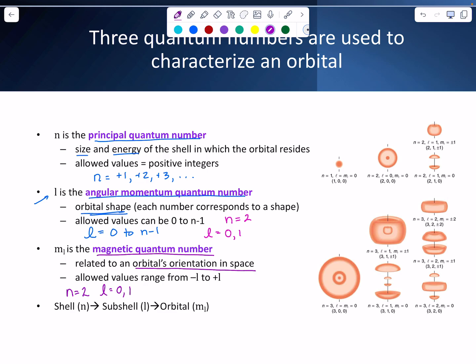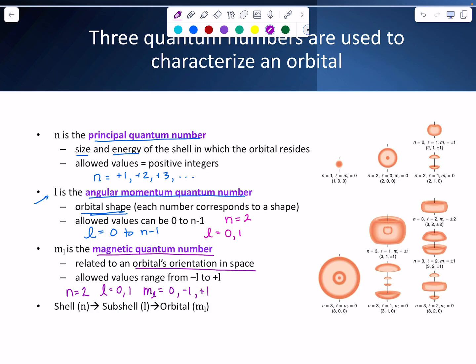So our M sub L, our magnetic quantum number, can go from minus L to plus L. If L is 0, there's no minus or plus 0, so it will be 0. If L is 1, it can be minus 1 or it can be plus 1. So at the n equals 2 level, how many magnetic quantum number values can I have?